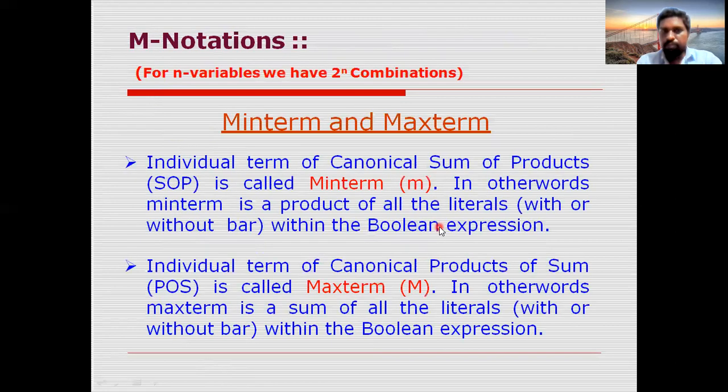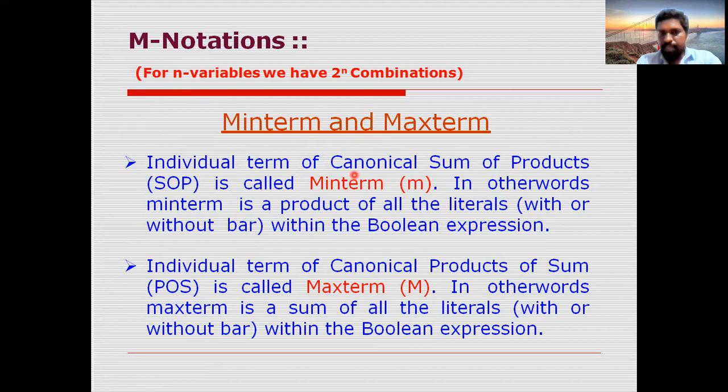Okay, next, one important topic is M notations. So what is M notation? You are finding these M notations regarding SOP and POS concepts. Okay, clear? So we will discuss the same concept in the case of representation of switching functions.